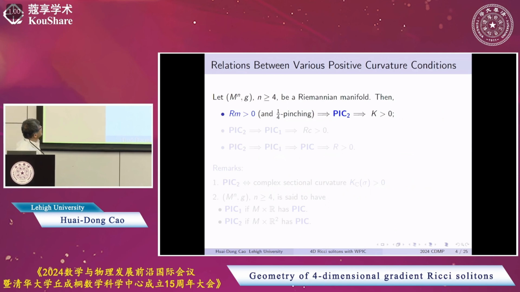Now, the relation between the various notions: of course, we have the classical concept that the sectional curvature is positive, denoted K positive.